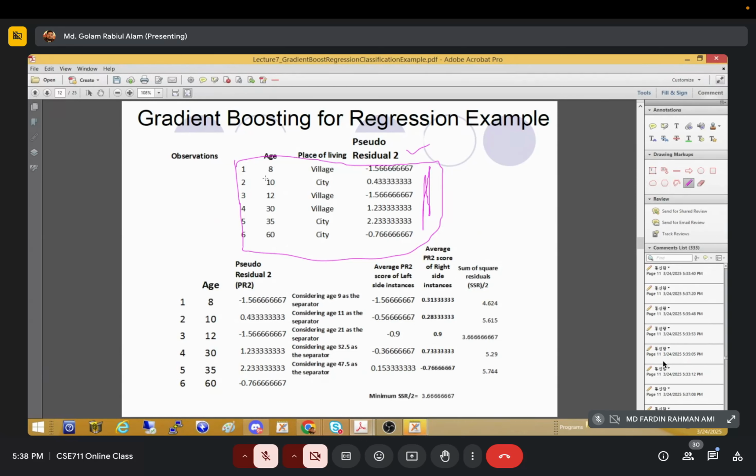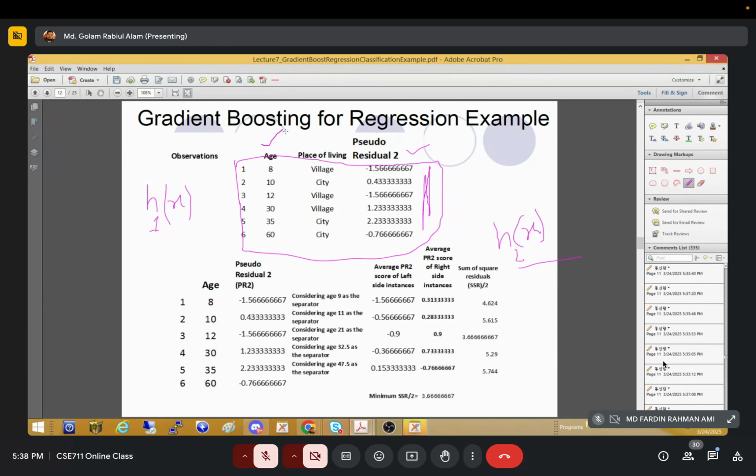And again, we have to build another model. If we consider that the previous one is our h of x, and that is not perfect, we can call it h1 of x. So now we want to build h2 of x, another weak classifier, and for that this is our data set.